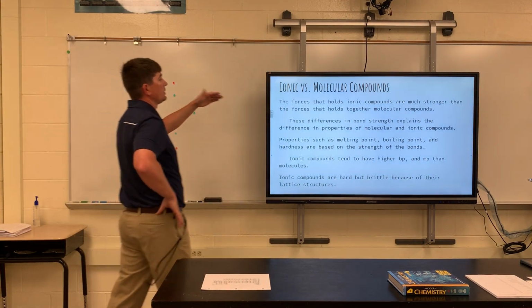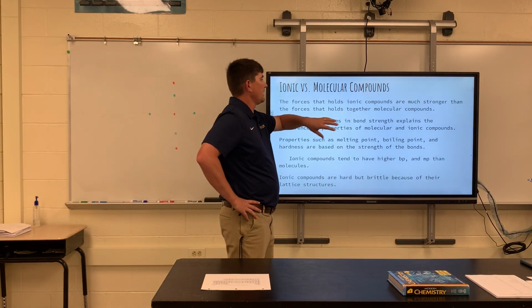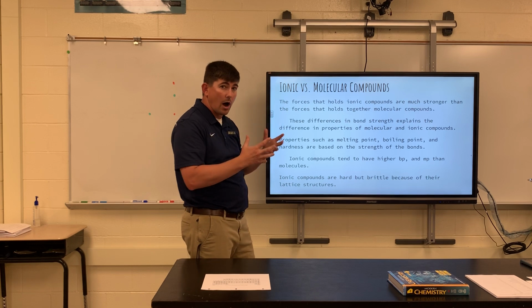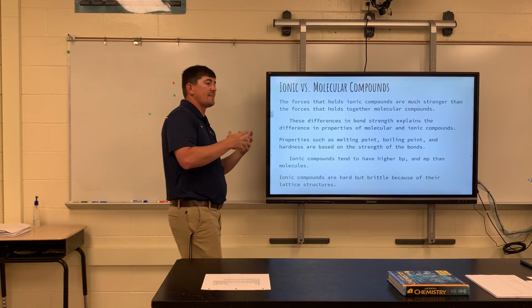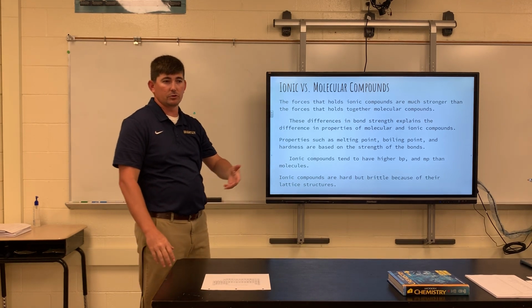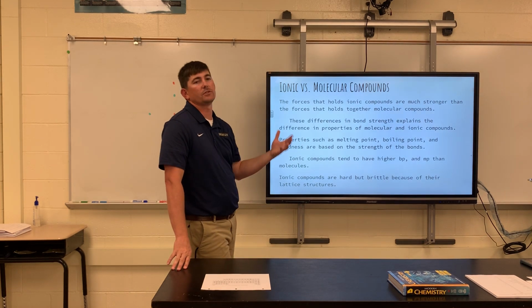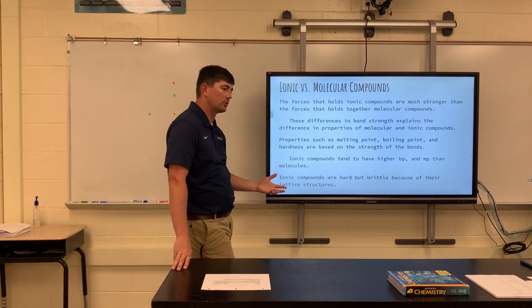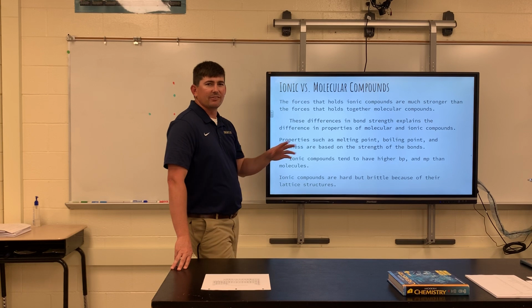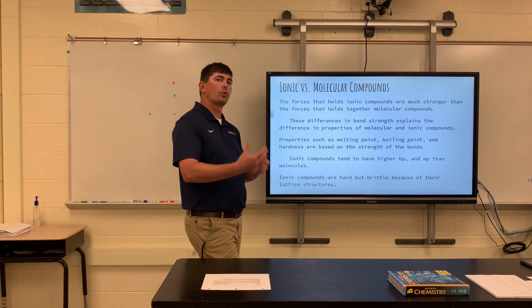One of the big things that we talk about is they're going to have different properties, right? And that's why this is important. Because if you're wondering why it matters if something is an ionic compound or a molecular compound, it's a way we like to classify things. It's a way of grouping things.